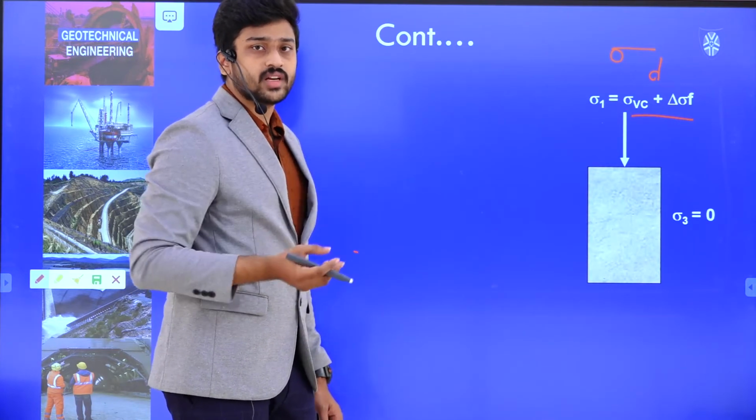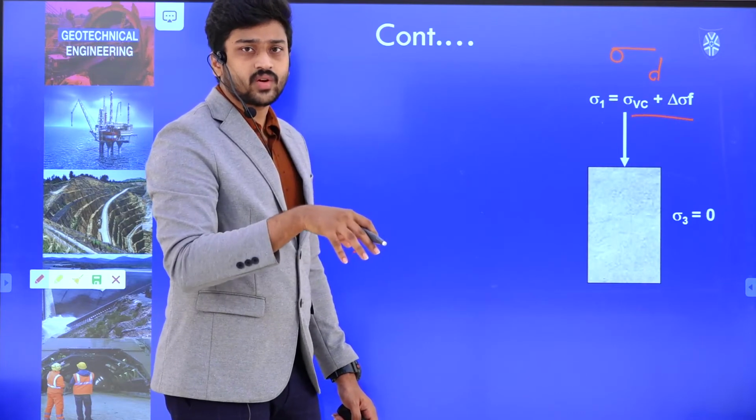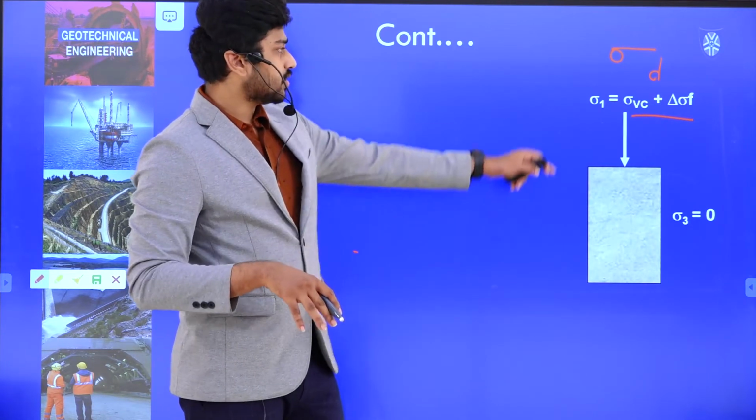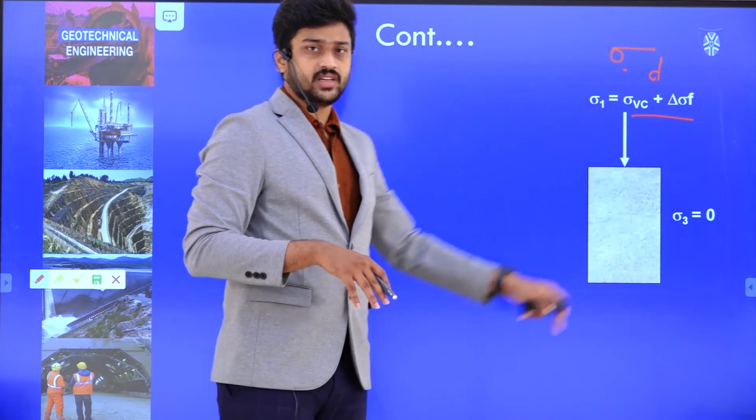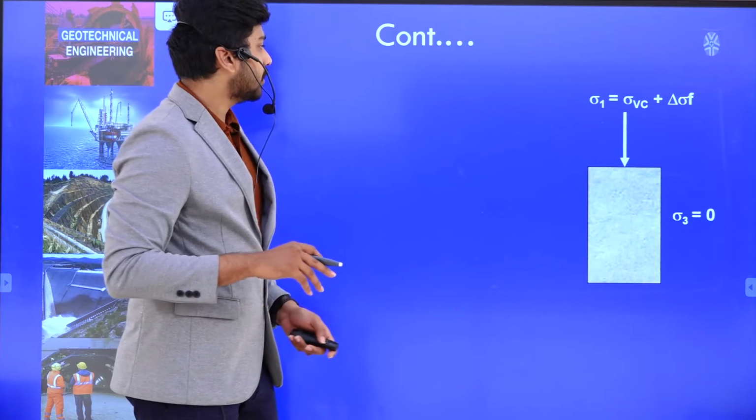That is the additional load that is applied. This can be simply calculated because we know the proving ring load that is coming onto the soil. So I can find out the additional axial stress acting on the soil because I know the surface area of the soil.